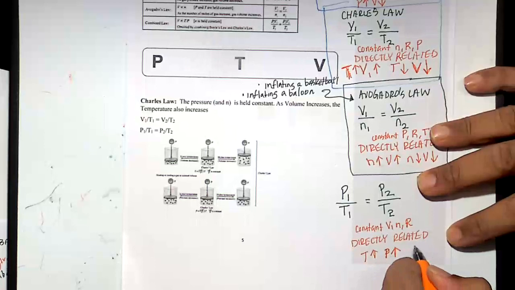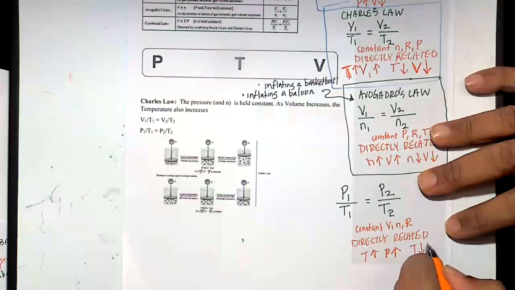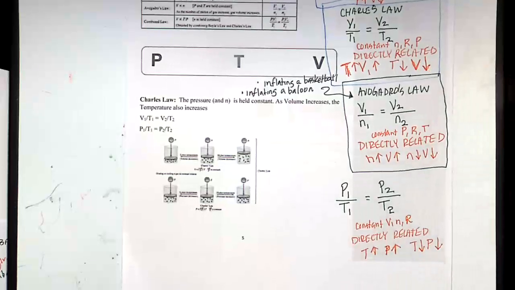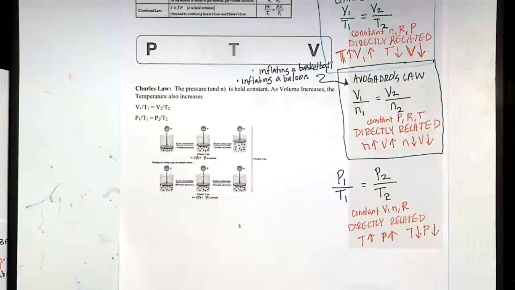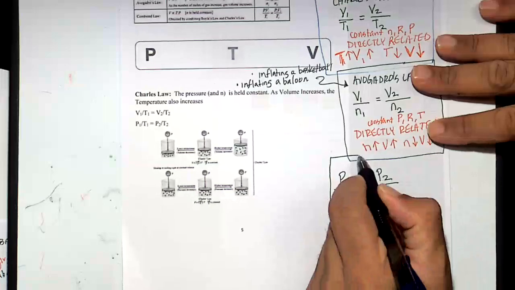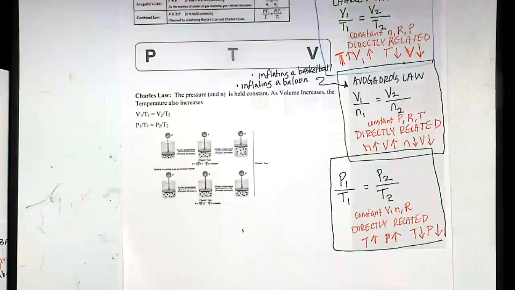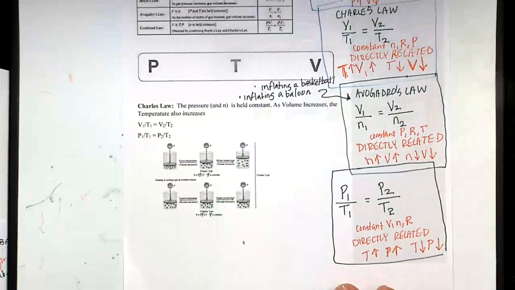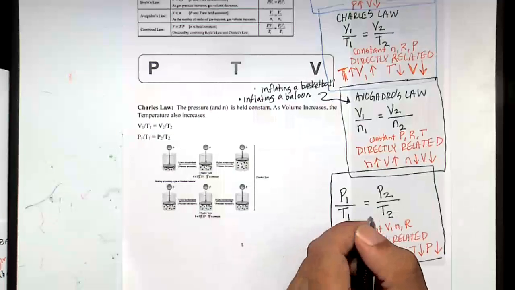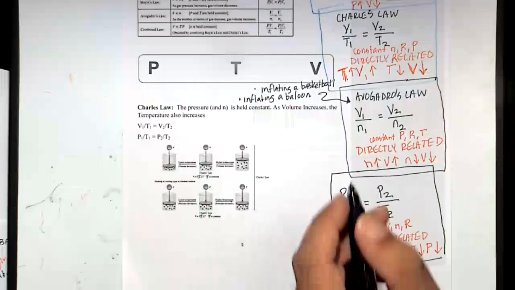If you decrease the temperature, less kinetic energy, less collisions, the pressure goes down. So, I do not know the name of this, but this is the relationship that you should know.